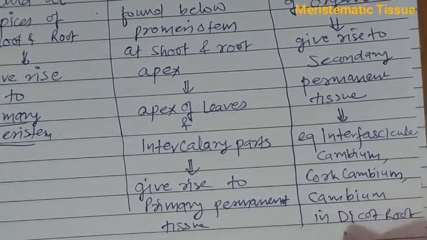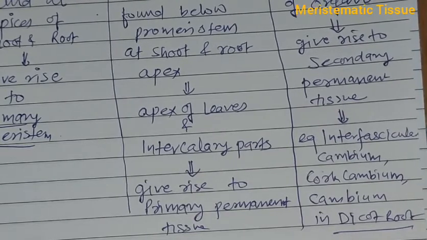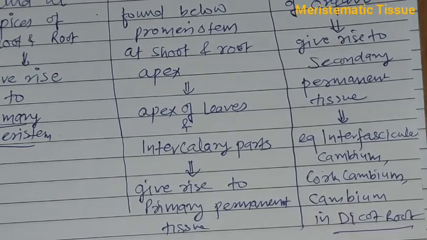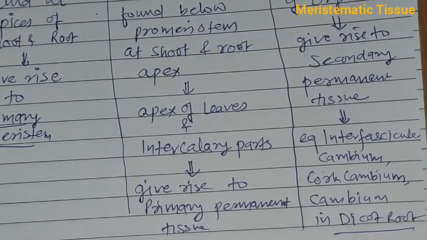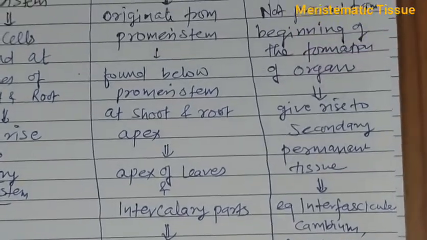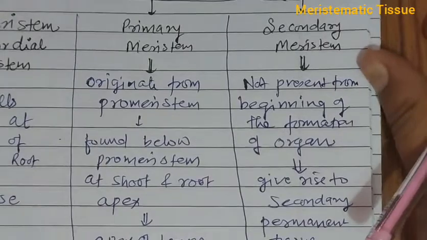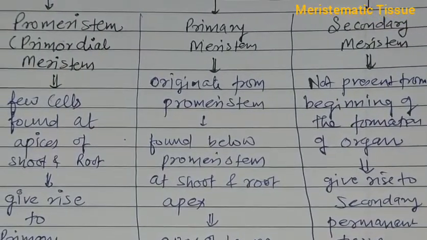Okay, so I hope you understood that these are the meristems which are based on origin and development. Promeristem gives rise to primary meristem. They are found at the apex. Below the promeristem you will find a primary meristem, and primary meristem gives rise to primary permanent tissue. But the secondary meristem originates later on and gives rise to secondary permanent tissue. Now we are going to discuss this in detail.